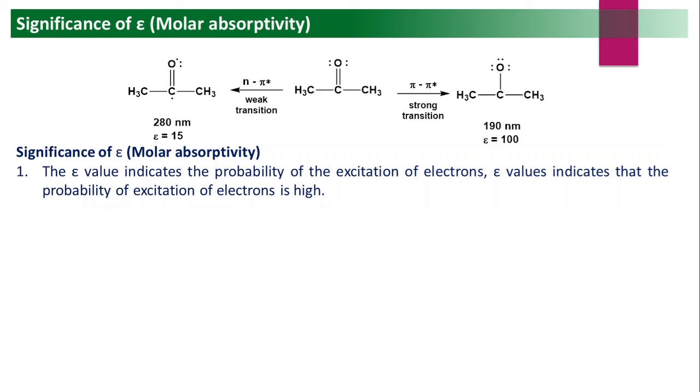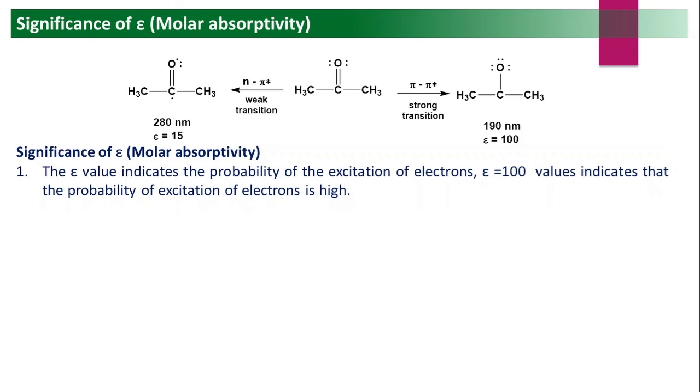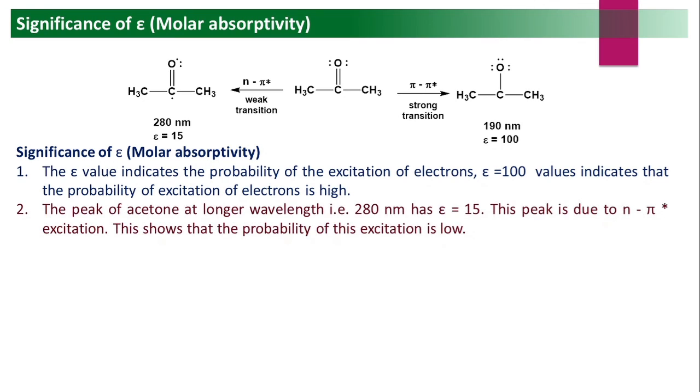So what is the significance of the molar absorptivity? What information are we getting from this epsilon value? The epsilon value indicates the probability of excitation of the electrons. If the epsilon value is 100, it indicates that the probability of excitation of these electrons is very high. The peak of acetone at the longer wavelength, 280 nanometer, has an epsilon value of 15. This peak is weak.